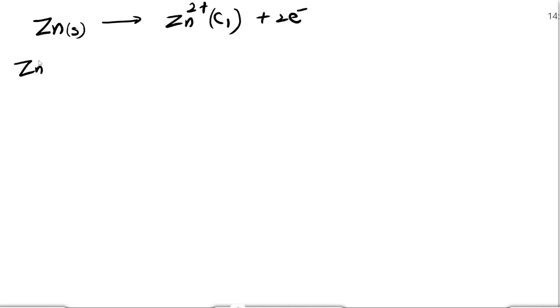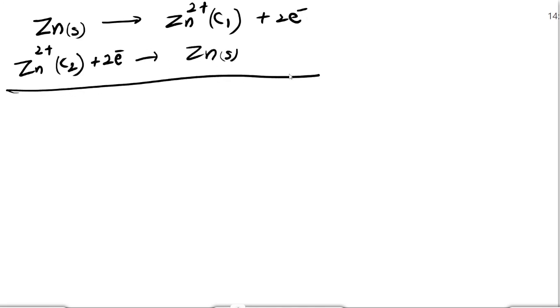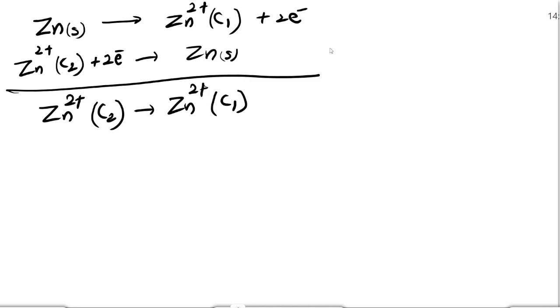Now I can write the equation, because the simple strategy is to write the equation. First is this one, another reaction is like this. So the overall reaction is Zn2+ C2 to give Zn2+ C1. So what is E cell?